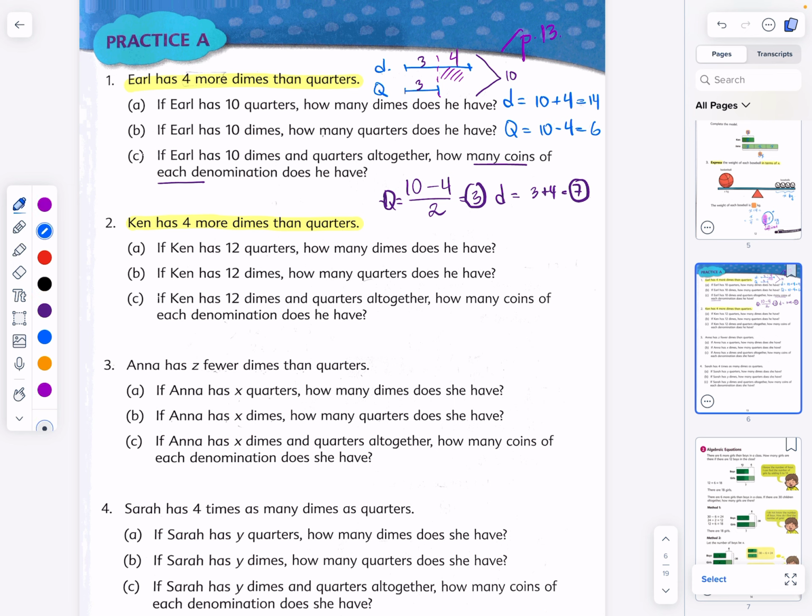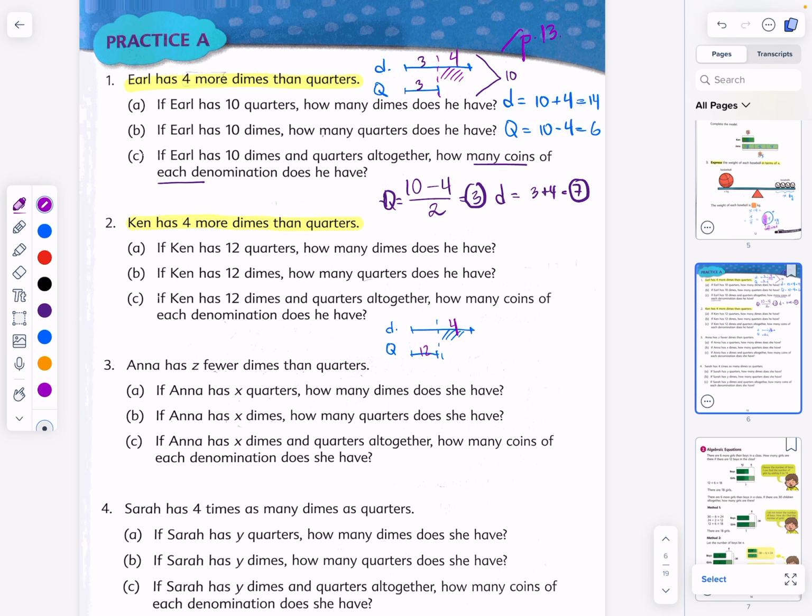So we can say dimes and quarters. We have more dimes. We have fewer quarters. What's the difference? The difference is 4. Now, if Ken has 12 quarters, how many dimes does he have?